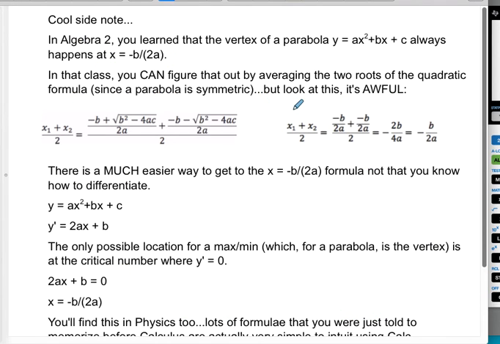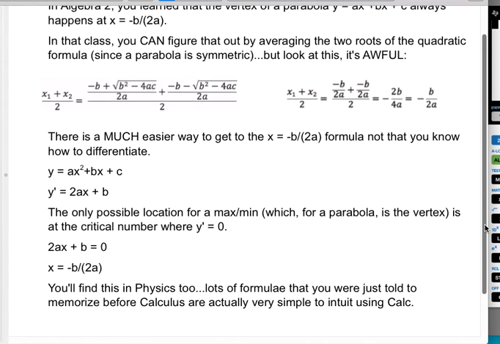So this is that cool side note that I actually mentioned, and I couldn't remember if I'd explained it to you before, but here you go. I did have a slide for it, where we get the negative b over 2a thing. You can either get it by averaging these 2 points here, which is what I had just mentioned on a previous slide because I clearly forgot I had made this slide, or you can get it by differentiating and knowing that y prime is 2ax plus b and then solving to get negative b over 2a.